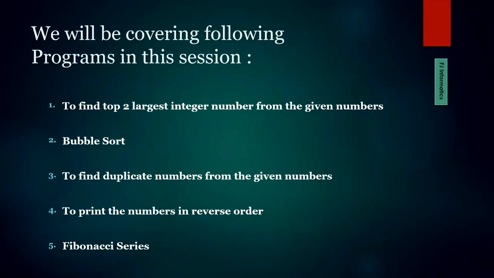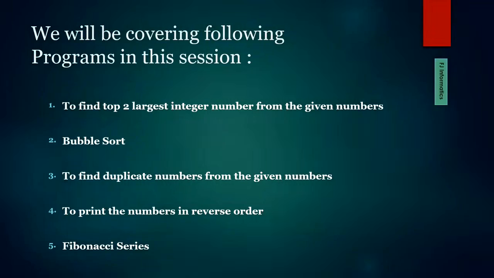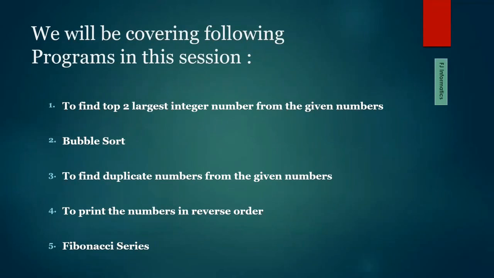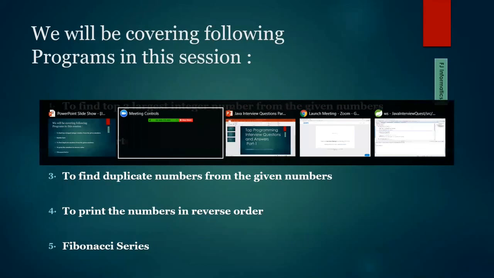We will find the duplicate numbers from the given numbers, we will print the numbers in reverse order, and we will generate the Fibonacci series. These are the 5 most important questions I found that are asked in almost all entry level interviews. I hope it will be useful for you. So let's proceed now.